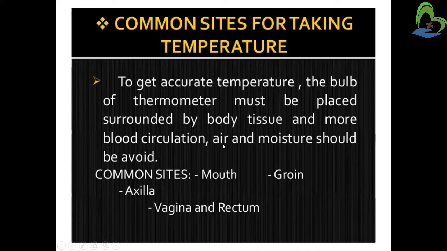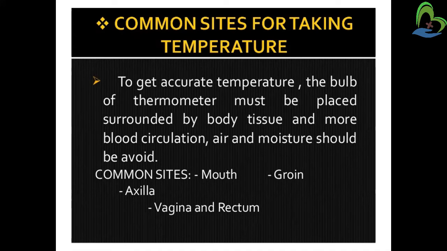Now, common sites for taking temperature. So what are the sites where we can take or check the temperature? To get an accurate temperature, the bulb of the thermometer must be surrounded by body tissue, and more blood circulation, while air and moisture should be avoided.